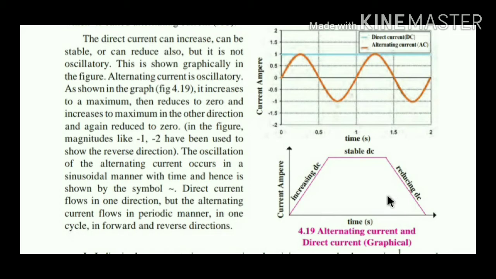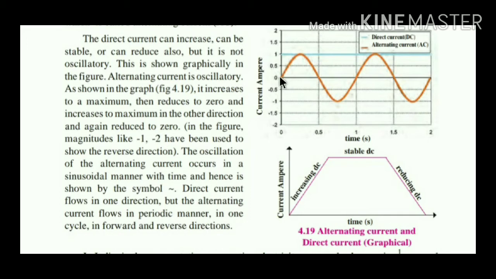But this is not oscillatory. What about alternating current? Alternating current is oscillatory. As shown in the graph, it increases to a maximum, then reduces to 0 and increases to maximum in the other direction and again reduces to 0. So see in this graph, current in ampere and time in second.